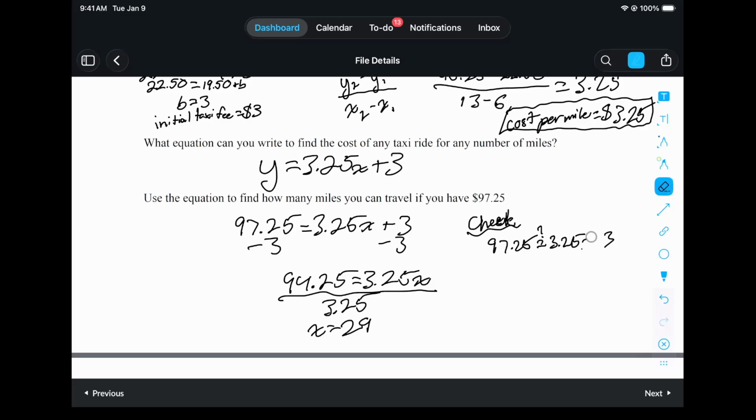I lied. We're not putting the x there. We're checking the problem. Does it equal 3.25 times 29 plus 3? So, put it back in. 97.25 equals 97.25. Hooray.